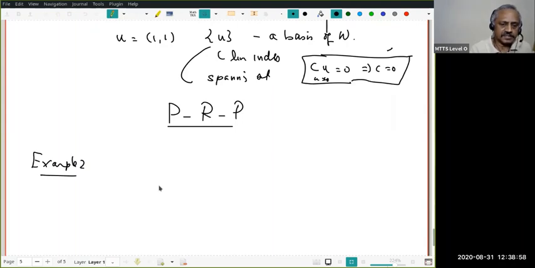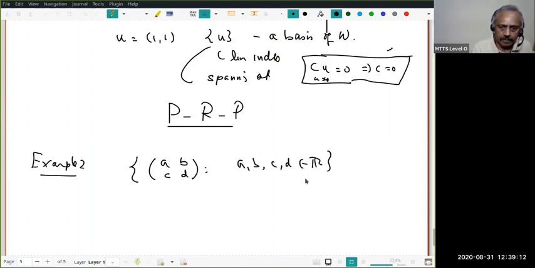As a very easy thing, let us do something more. Let us look at the set of 2 by 2 symmetric matrices. Okay, in R, so that B equal to C. It says that is symmetric matrices, symmetric 2 by 2 matrices, right?